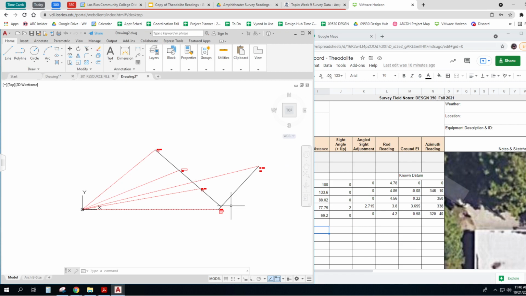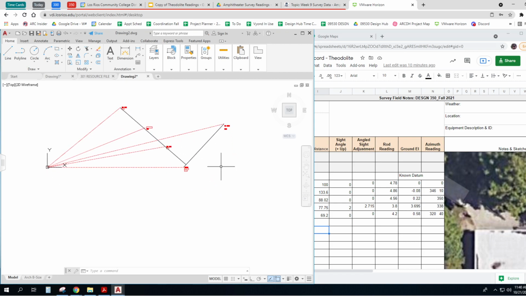Okay. Now this line was east-west. So what would I do? I draw a line that's east-west. ALIGN.